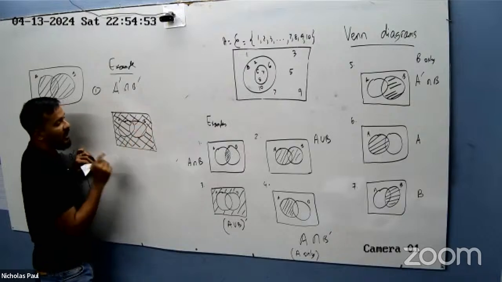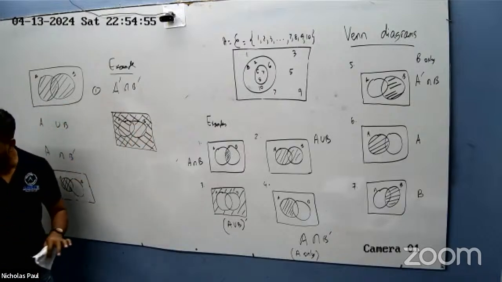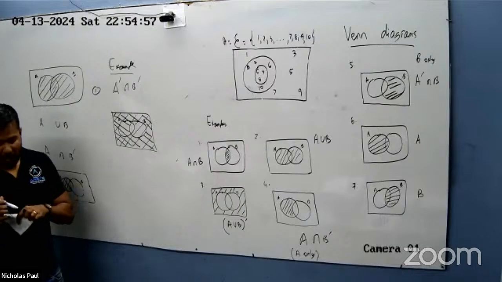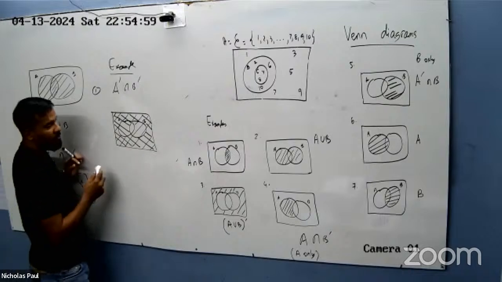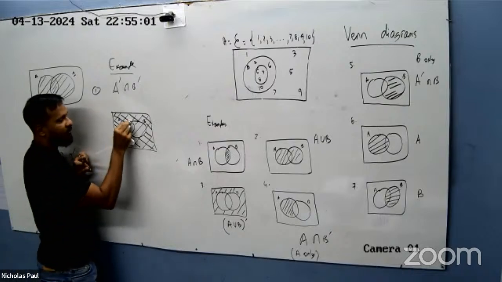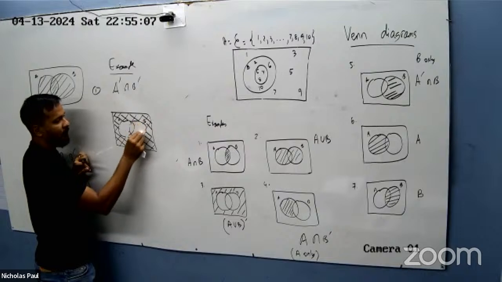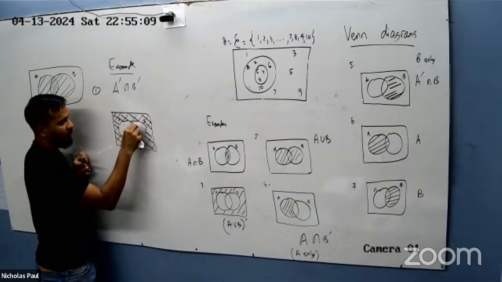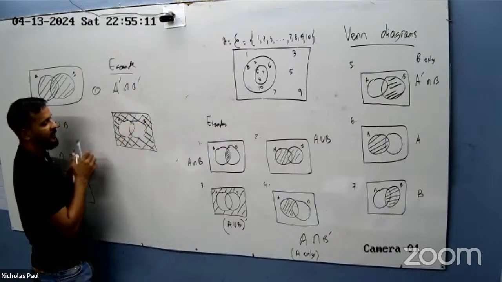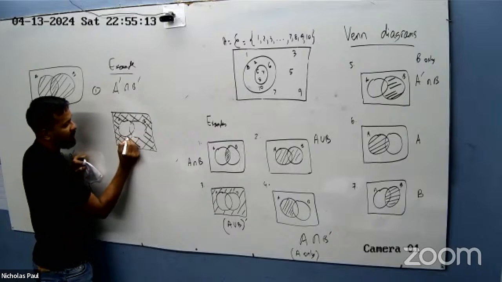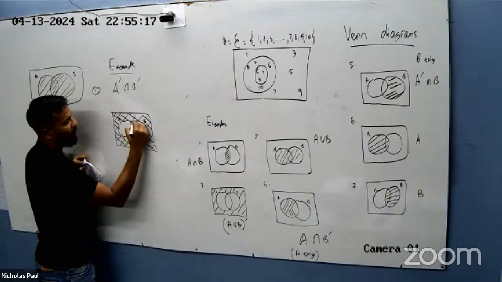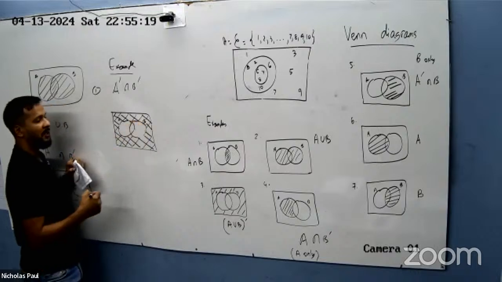Then you're taking off what's not crossed for the intersection. There's nothing crossed in here, nothing crossed in here. So it'll look something like this. That's correct?